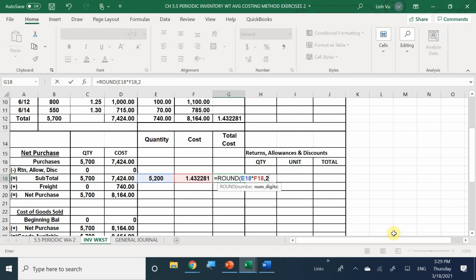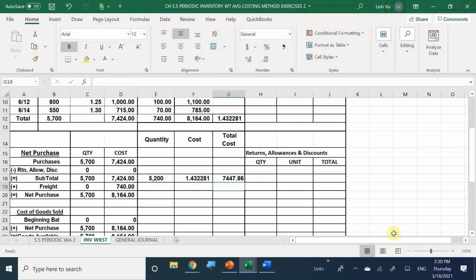So then what is going to be my total cost here? $7,453.06.